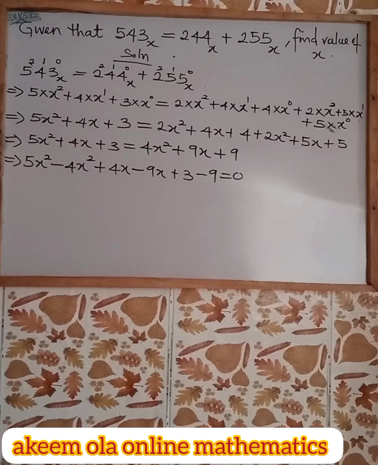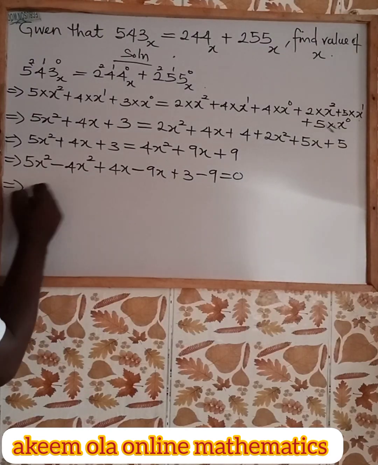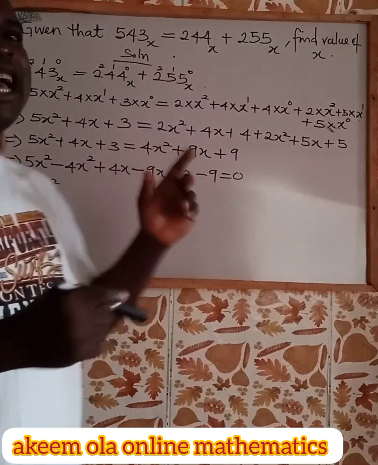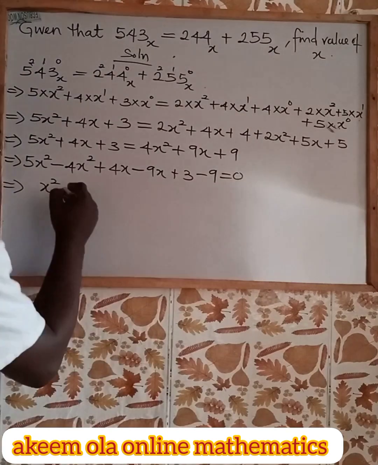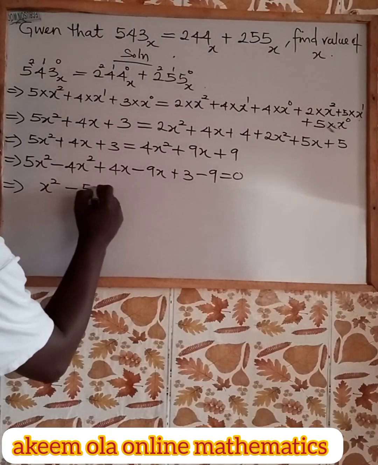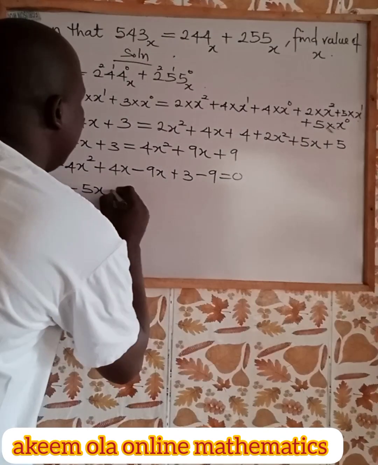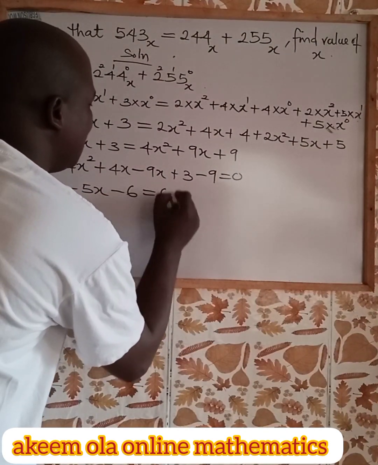So 5x squared minus 4x squared will give us x squared. 4x minus 9x will eventually give us minus 5x. Then 3 minus 9 will give us minus 6 is equal to 0.